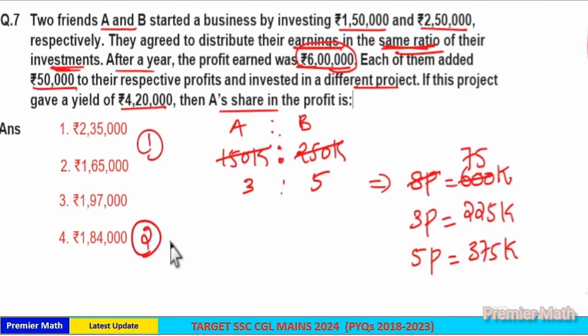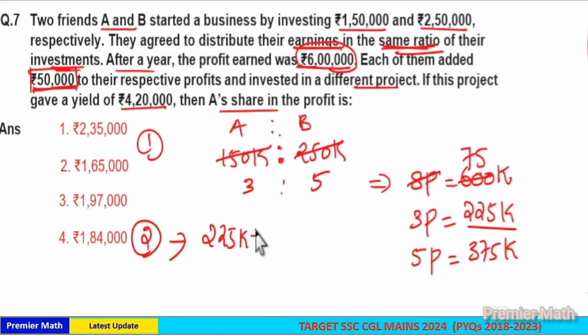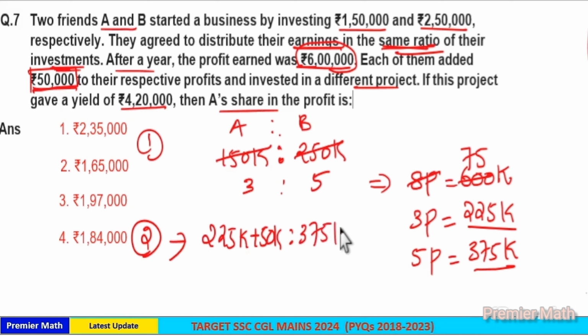Now in the second project, A and B added 50,000 to each of their profit. A earned profit 225,000, so he added 50,000 to it, so 225,000 plus 50,000. And B added 50,000 to 375,000.